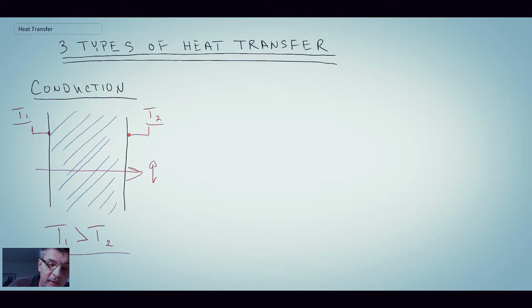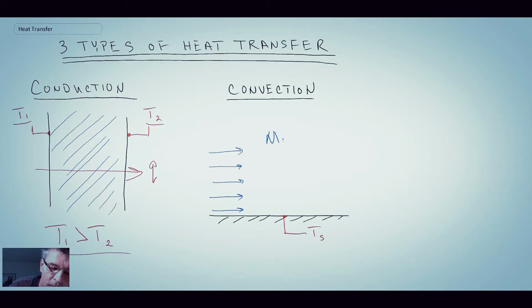The next form is convection. Here we're taking a look at a schematic of convective heat transfer. When you have convective heat transfer, there will be a fluid involved. There will be a fluid and a solid interface, and the solid will be at a different temperature from the fluid.